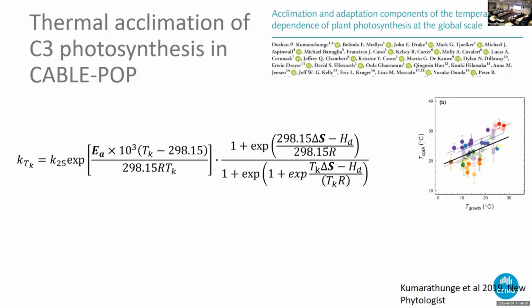And what we have here is the activation energy. This parameter basically adjusts depending upon the temperature of growth, which is the Tmax of the last 20 days. And then these two terms also get adjusted. These are the entropy term, and it's one term, but it's in two places. And it also becomes dependent upon the temperature of growth and also the temperature of home, which is the mean annual temperature of the last 30 years.